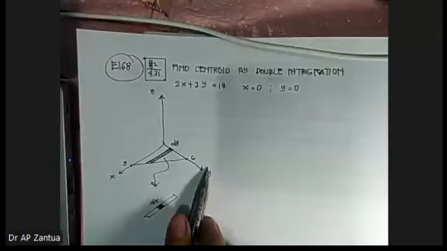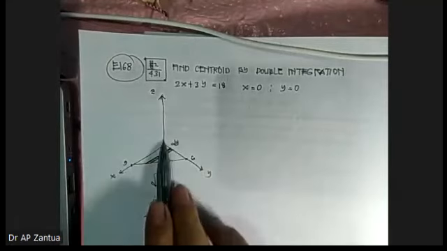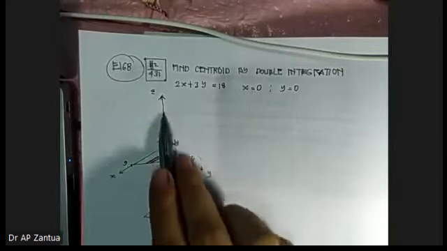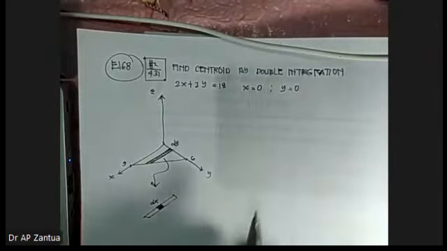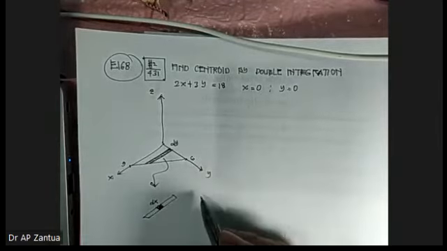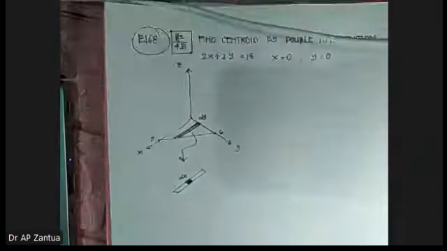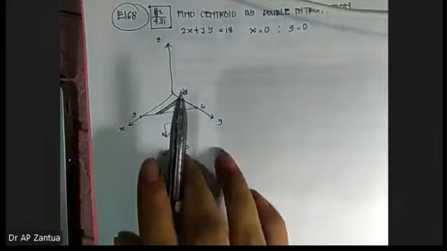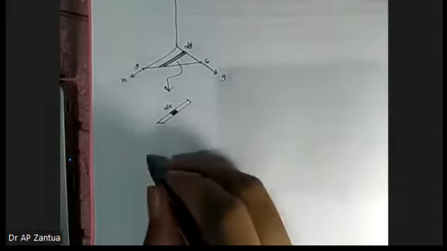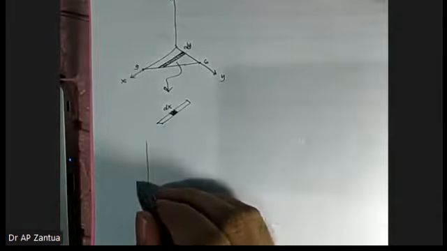So I don't need to draw the Z because there is no component for Z. Only XY. So you can look at it like this, just x and y. Or if you cannot imagine it like that, because I already drew it, you can redraw it.